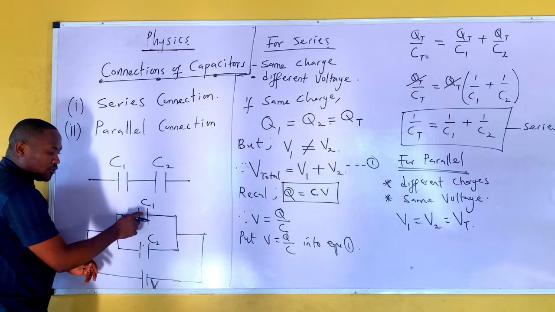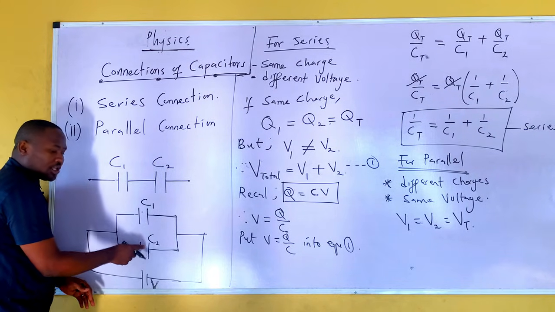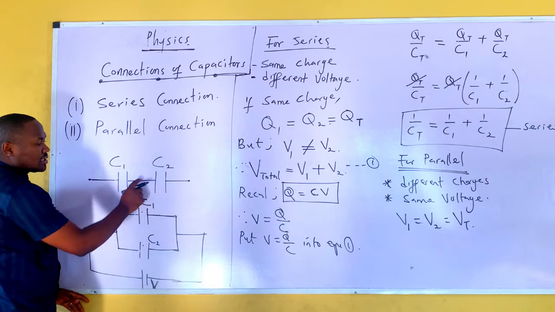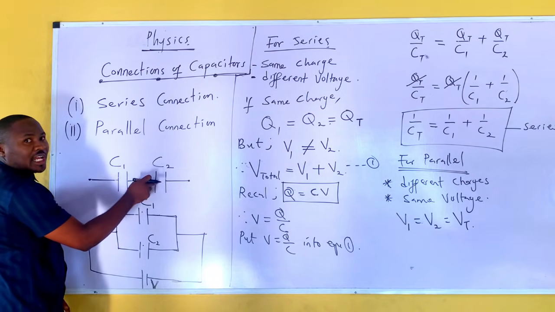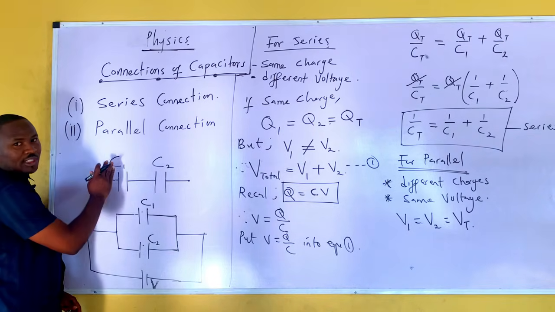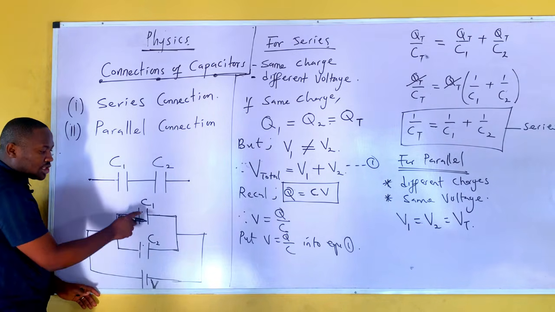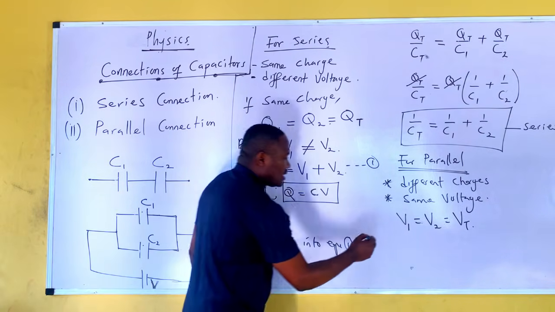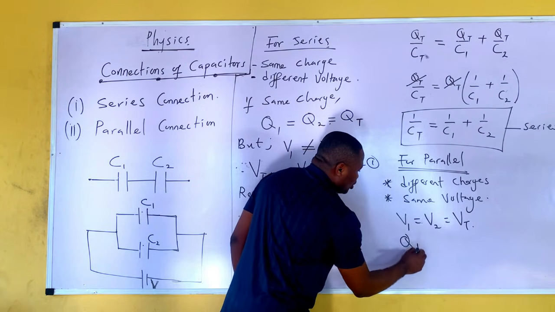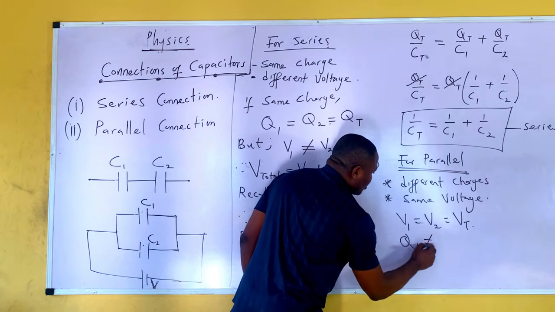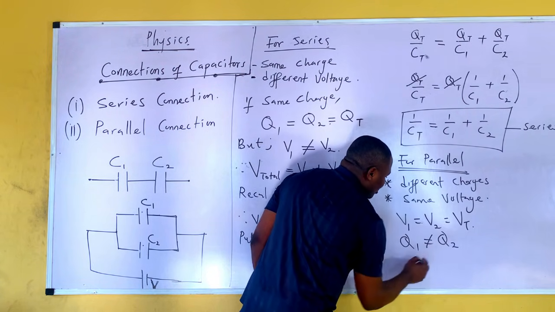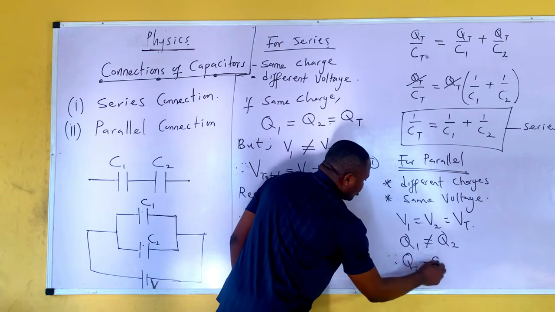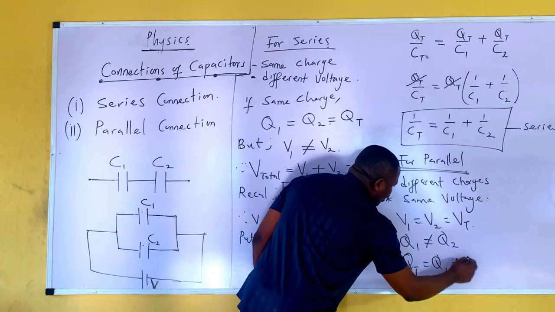Take note of that. In series, the charge here equals the charge here equals the total charge in the circuit. But for parallel, the charge here is not equal to the charge here. Therefore, the total charge is equal to Q1 plus Q2.